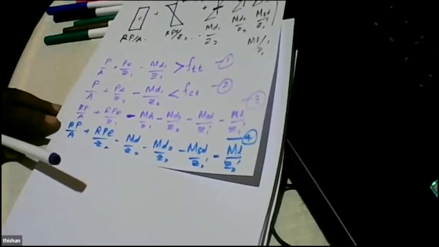So when the neutral axis has changed, you cannot call it Z1 and Z2. It has to be a different Z value, right? So this is the situation, and so you will get these 4 equations.